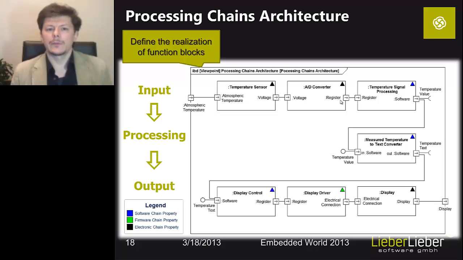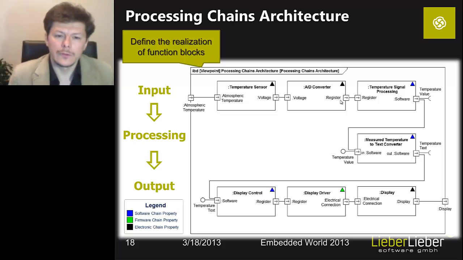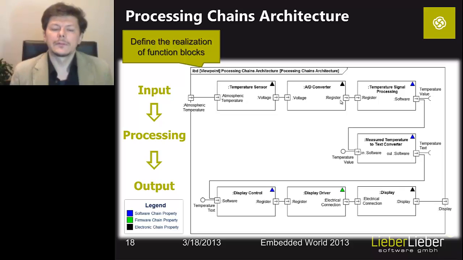So, next step, the processing chain architecture on the component level. It is more concrete. You have to address technical constraints in that case, and you have to address also the functional architecture.